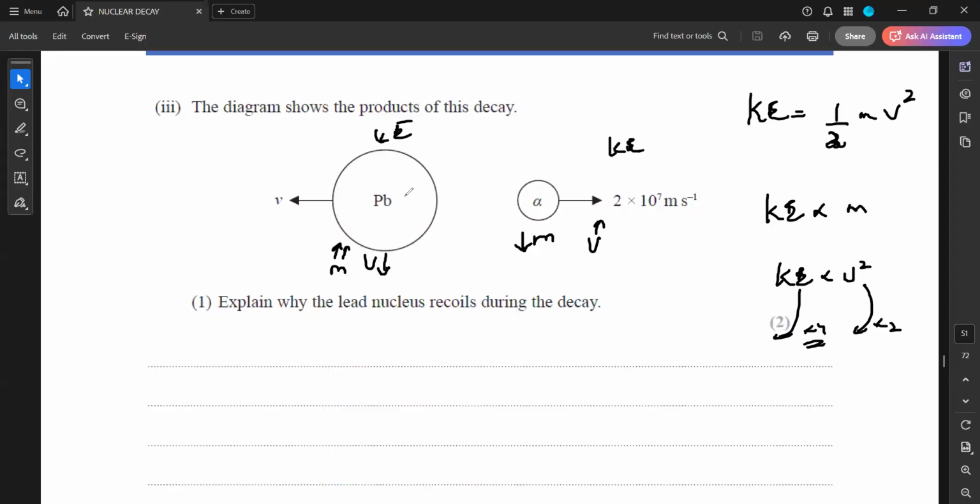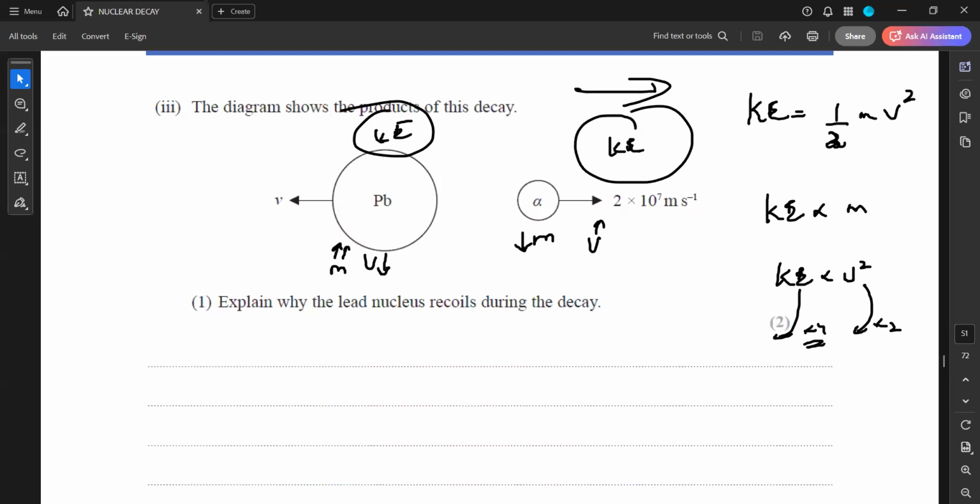So the question was why most of the kinetic energy is carried by the alpha particle rather than lead. What is the reason for that? Because alpha particles are lighter, so they have more speed, and kinetic energy is directly proportional to speed squared. That's why the alpha particle carries most of the kinetic energy rather than the lead nuclei.